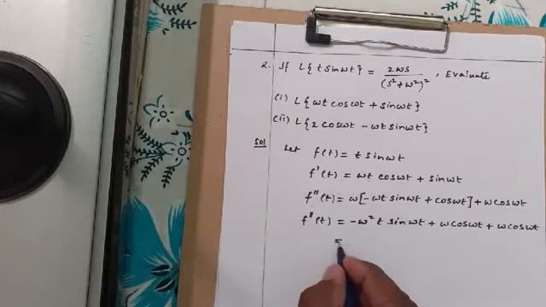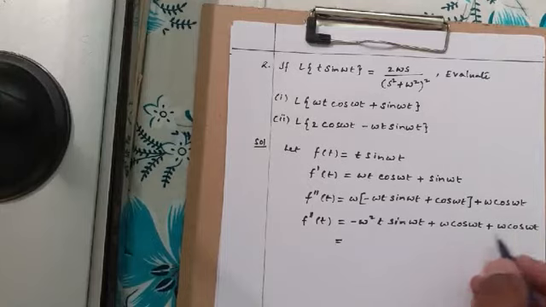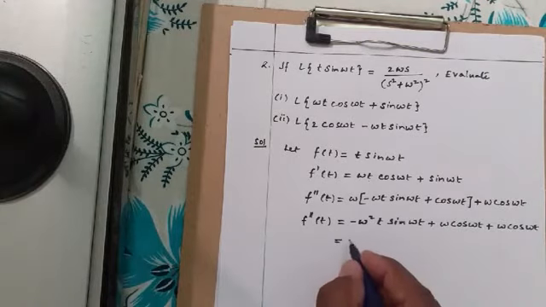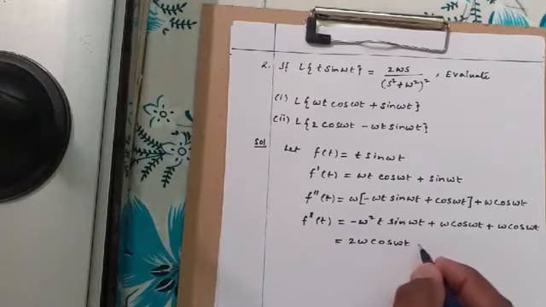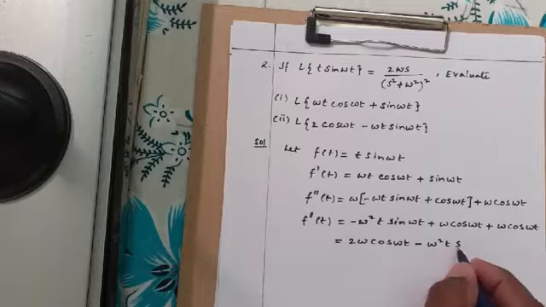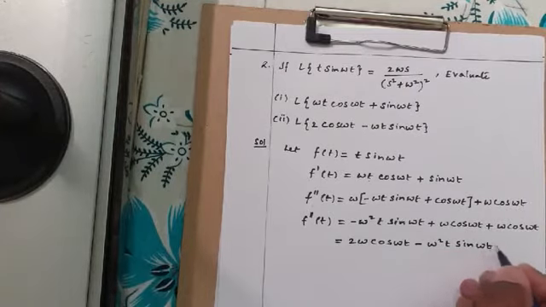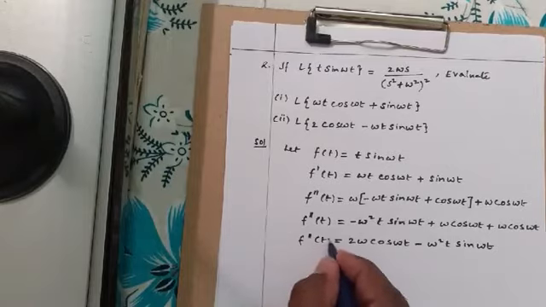If you simplify this, omega cos omega t plus omega cos omega t, so you can write 2 omega cos omega t minus omega square t sine omega t. So this is nothing but f double dash of t.